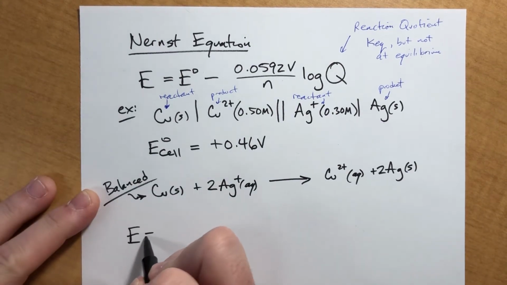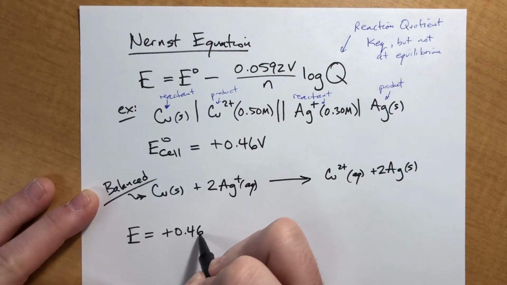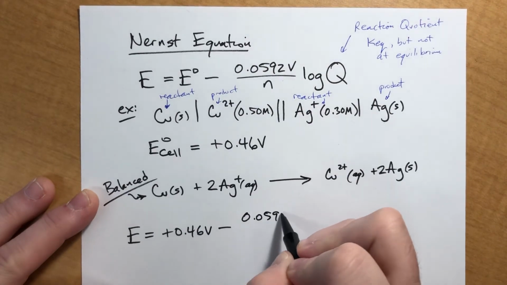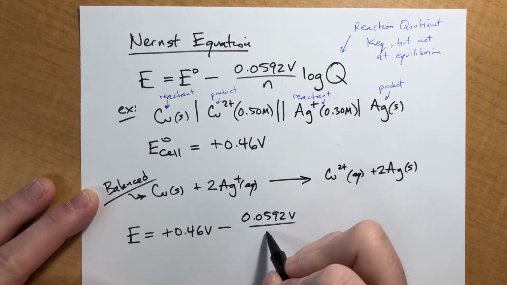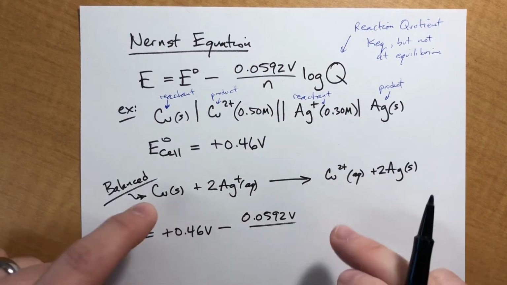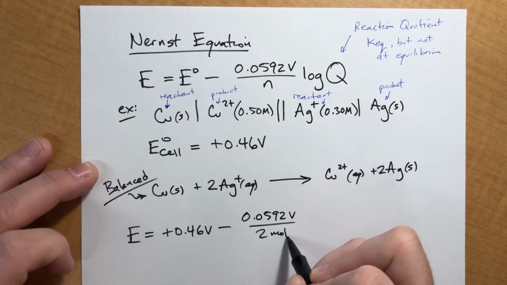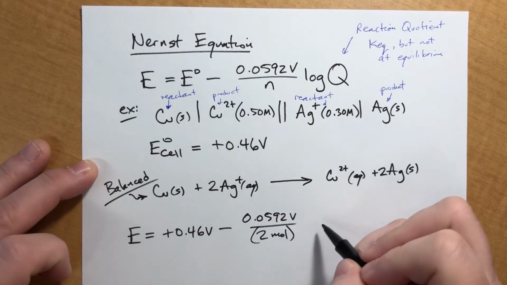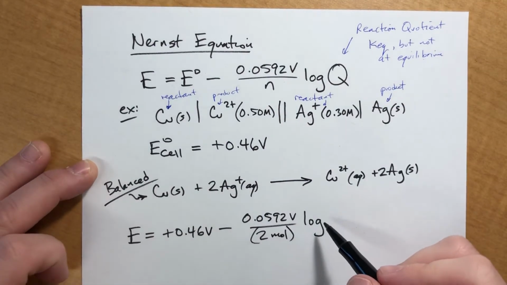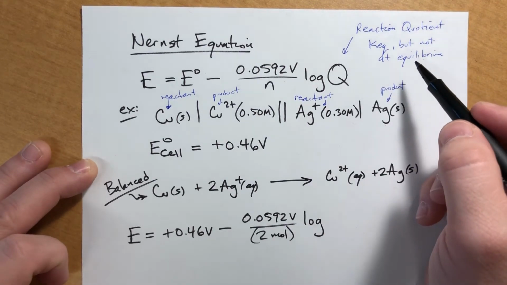The rest of it's pretty much plug and chug, but this is a little complicated. So E equals this E at standard conditions, which was positive 0.46, minus this constant, 0.0592 volts, divided by n, the least common multiple. This reaction required 2 electrons, this one required 1, so the least common multiple between those is 2 electrons. Times the log base 10, not log base e, of the reaction quotient, which is products over reactants raised to the coefficients.